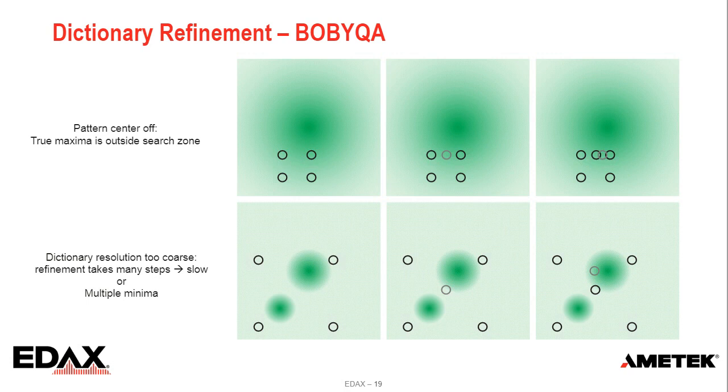That means you'll get to the best place within the search box, but there's a better place outside that is inaccessible. So you can have some trouble there. Or if your dictionary is too coarse to accurately be captured by a parabola locally, then the refinement's not going to do a good job. That could mean that it will eventually get there but take a lot of steps, or it may never get there if there's too complex of a structure within the search window.